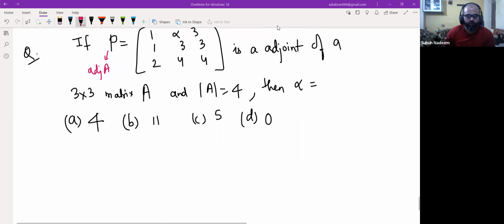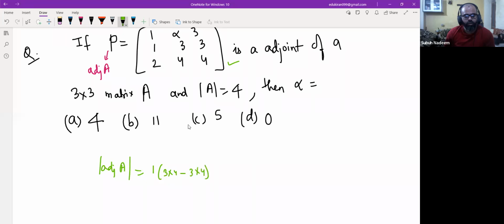If you see the above thing to do, the determinant of adjoint of A, you take the determinant of this. So it will be 1 into (3 into 4 minus 3 into 4). Then you will take minus alpha, and then (1 into 4 minus 2 into 3).